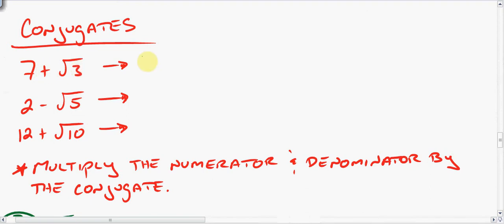And everything stays the same. So the conjugate of 7 plus the square root of 3 is 7 minus the square root of 3. These two are conjugates of each other. 2 minus the square root of 5, its conjugate is 2 plus the square root of 5. 12 plus the square root of 10, its conjugate is 12 minus the square root of 10.